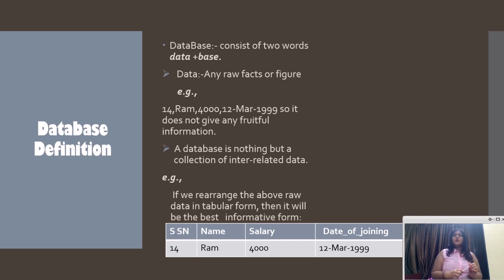No. But if we arrange this in tabular form in our file, 14 will be the SSN number associated with the name Ram, 4000 is his salary, and the date represents the date of joining. So this is the informative form. This is called our database.